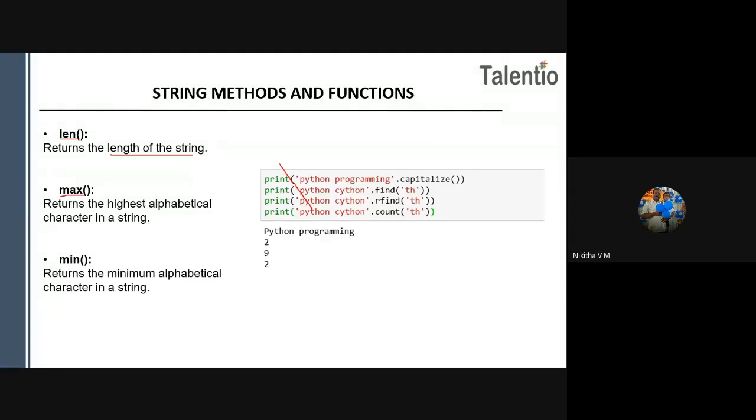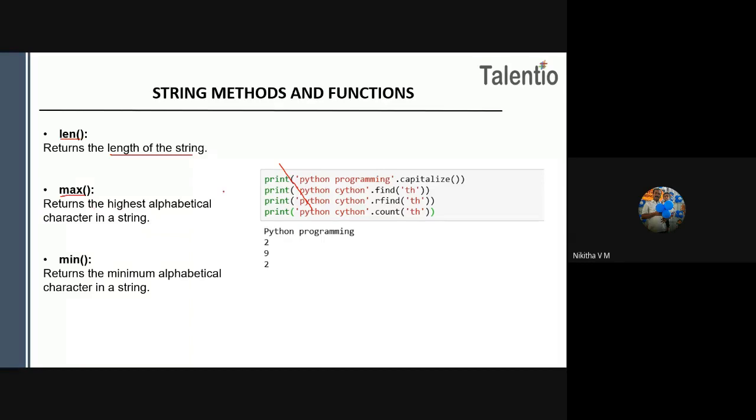Highest ASCII value. Yes, it is the highest ASCII value character only.